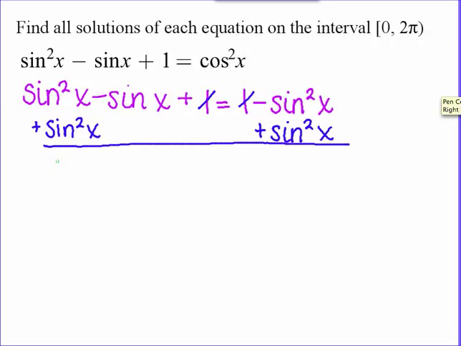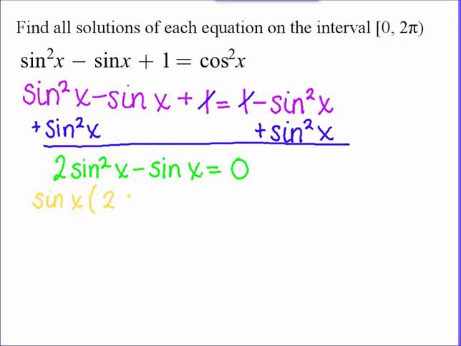So I end up getting 2 sine squared x minus sine x equals 0. Each of those has a trig function, so what do we do? Factor them out. I'm going to take out a sine, and I am left with sine x times 2 sine x minus 1 equals 0.